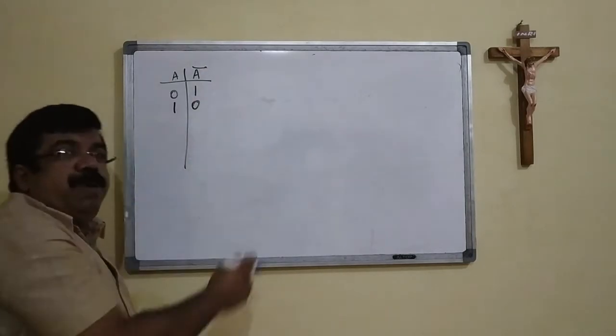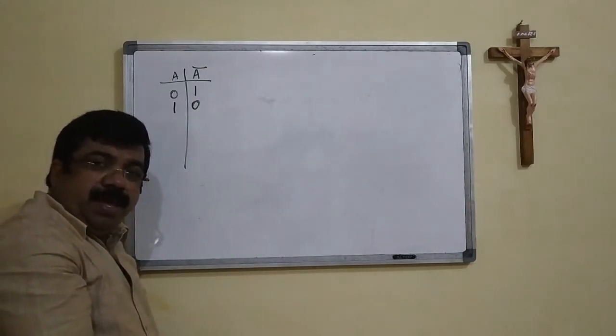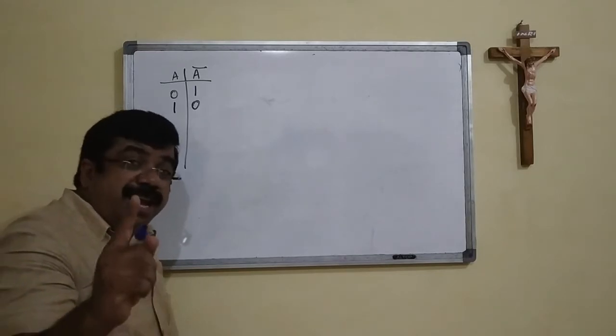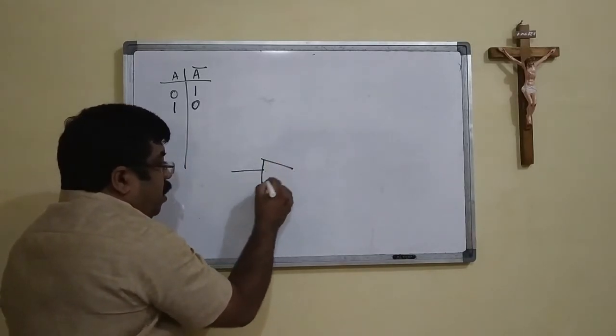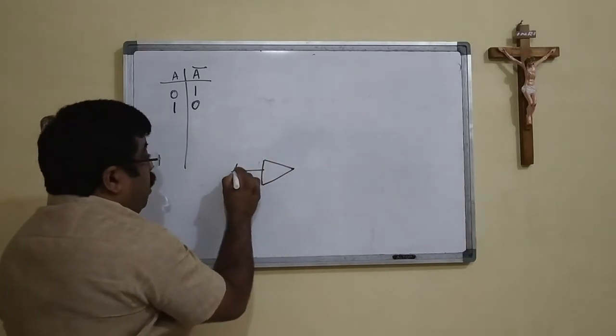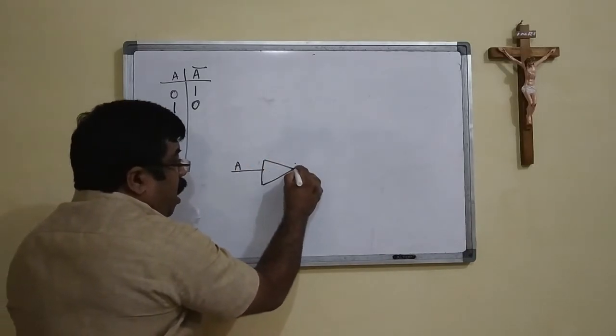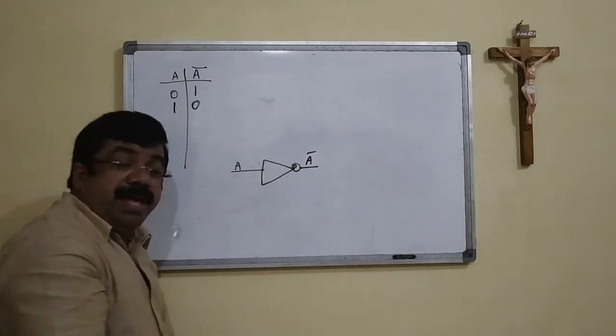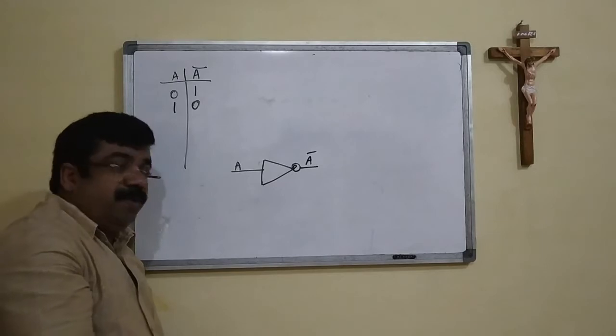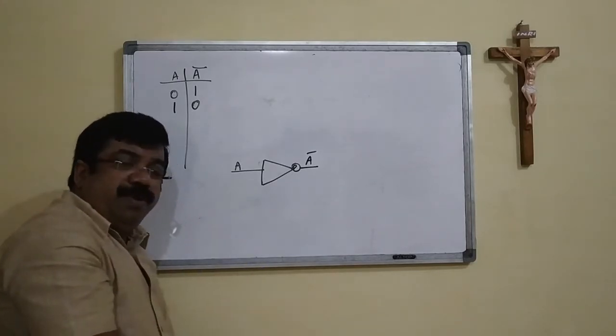That is just a complement. And this is the only gate which takes one input. So here we have A and the output will be A bar. Only one input will be taken.